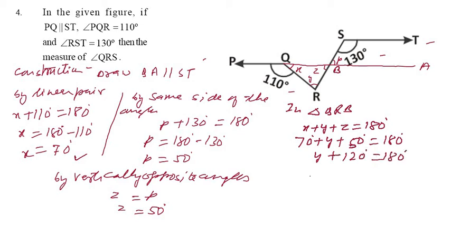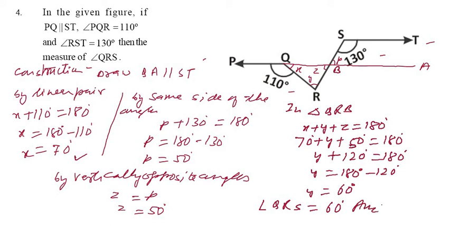So Y will be equal to 180 minus 120 degrees. So Y will be equal to 60 degrees. So your angle QRS will be 60 degrees. That is your answer. So you can do very well.